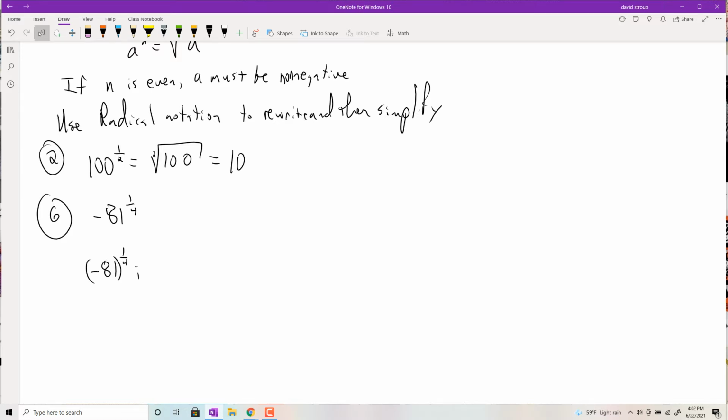That's not real. But this number here, negative 81 to the 1/4, is, because you could always rewrite it as negative 1 times 81 to the 1/4. Okay, and then you're just thinking negative 4th root of 81, and then that's just going to be negative 3.